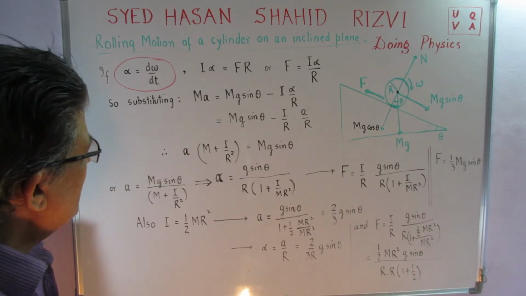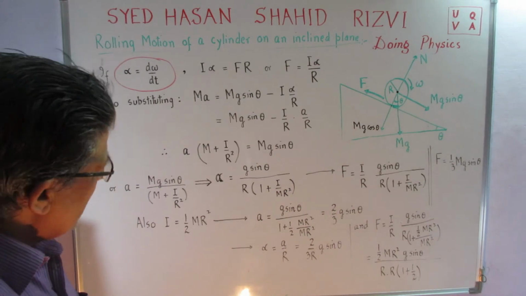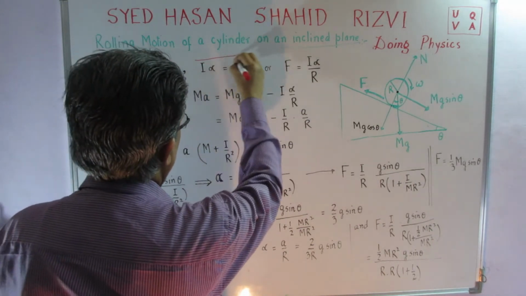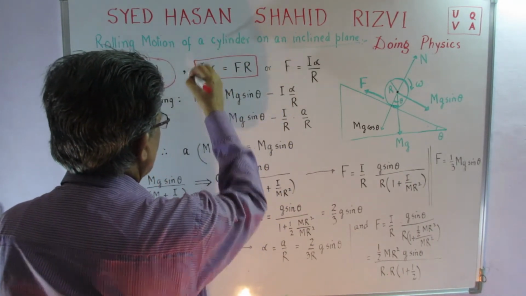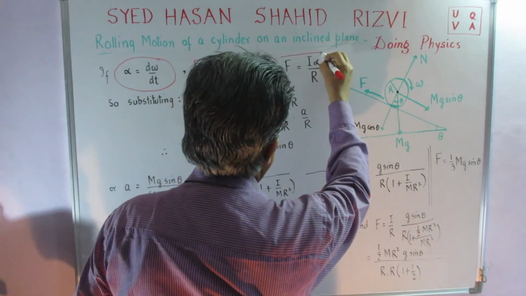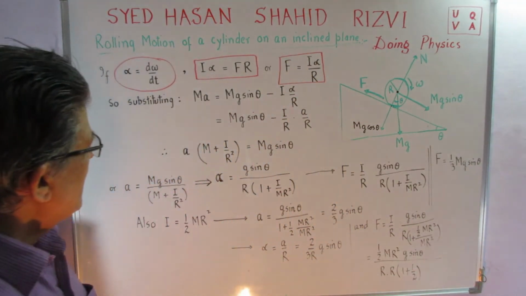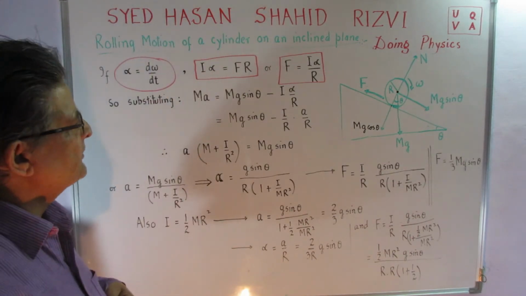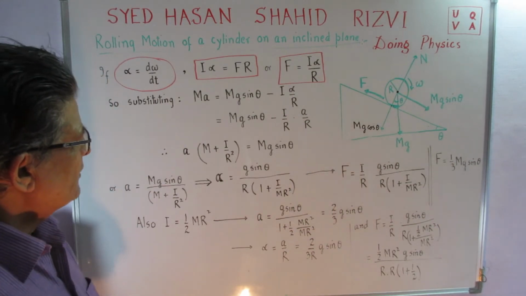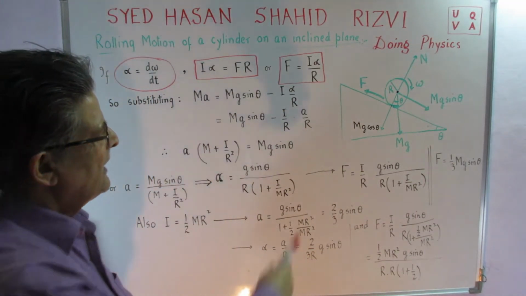The moment of inertia into the angular acceleration is equal to force into R. From there I can obtain F equal to I alpha over R. It's a very simple thing, just manipulation. Now when I substitute in the other equation, Ma, the net force, becomes equal to mg sine of theta minus I alpha over R.